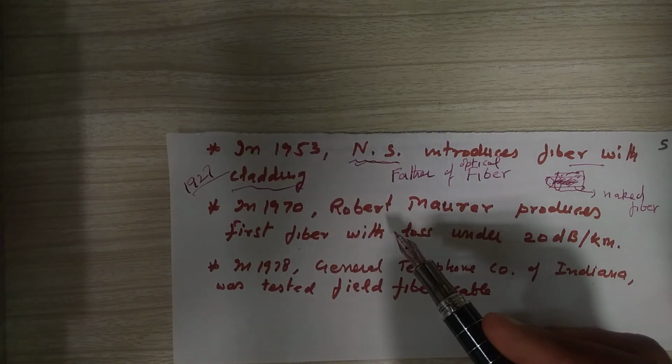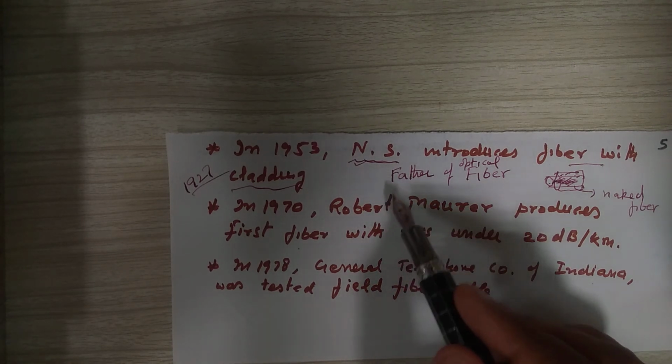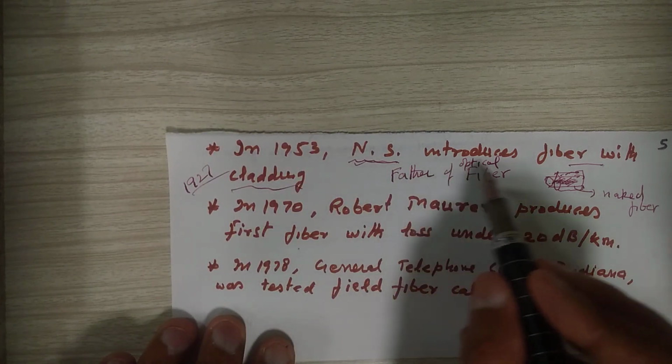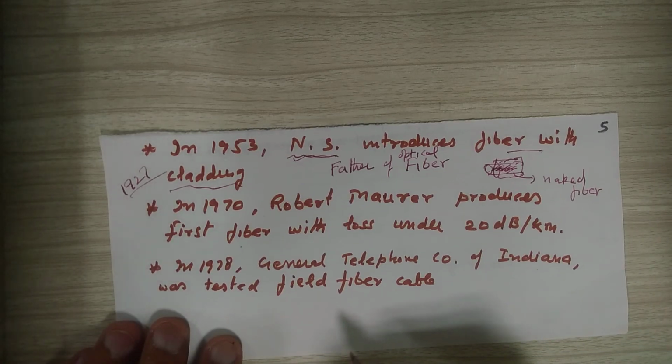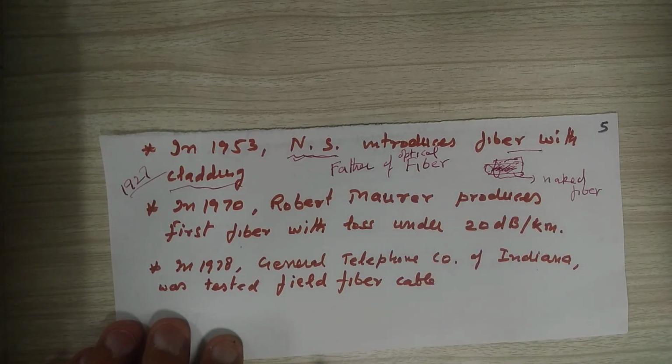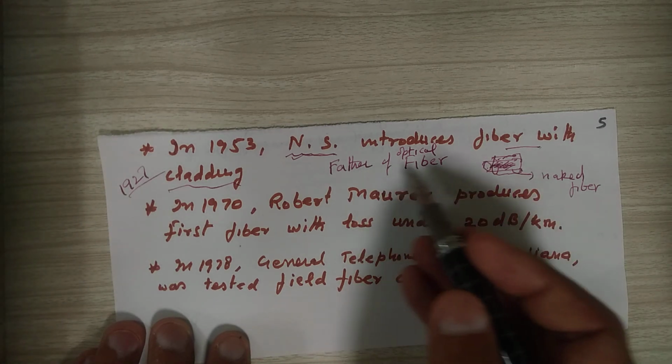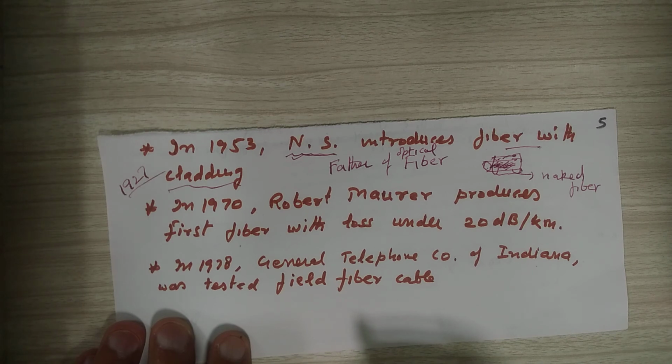So this is regarding his contribution, and he also suggested that it is possible to use this optical fiber for communication purposes. So he is, I think, the first person who suggested that this type of fiber is very useful for sending signals, for communication purposes.